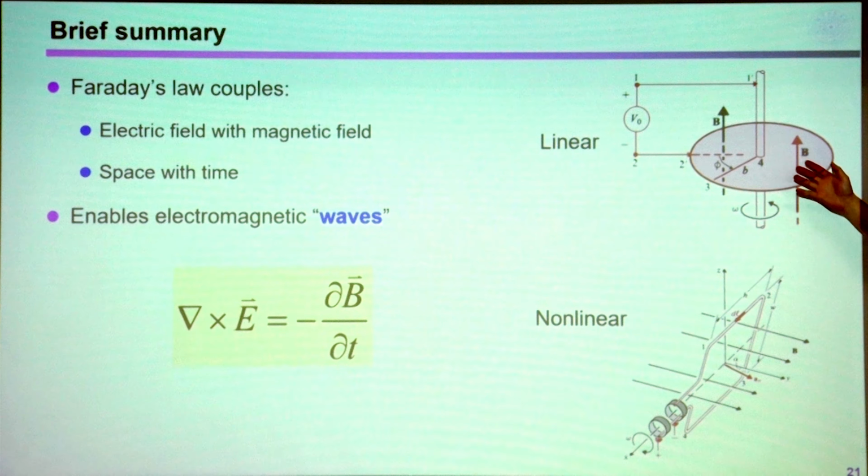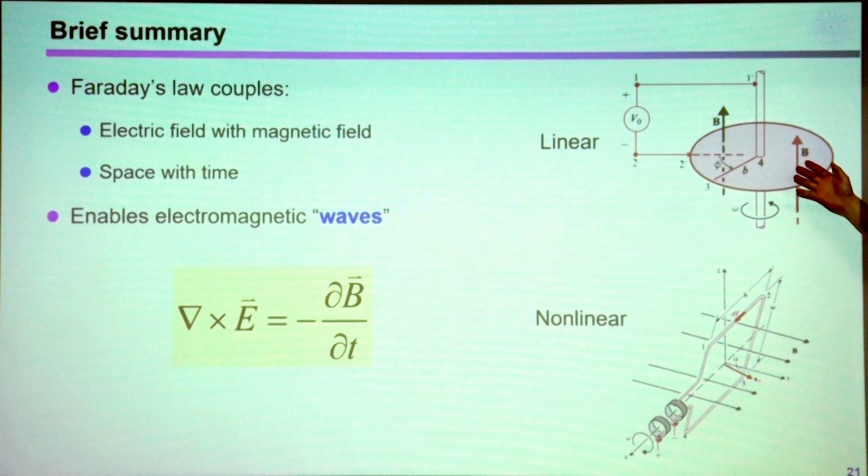But this system, when you have a time-varying rotation of the circuit plus a time variation in magnetic field, opens up the potential so you can have new frequencies coming out. So this is definitely a non-linear system.